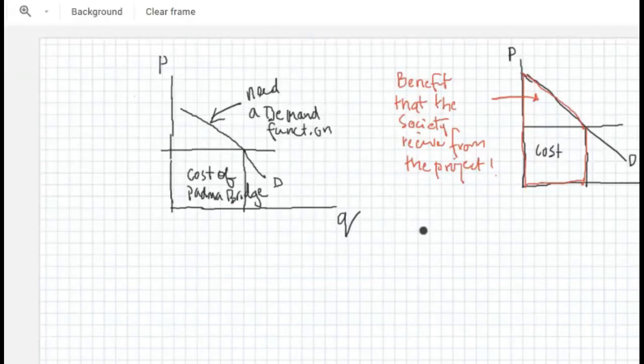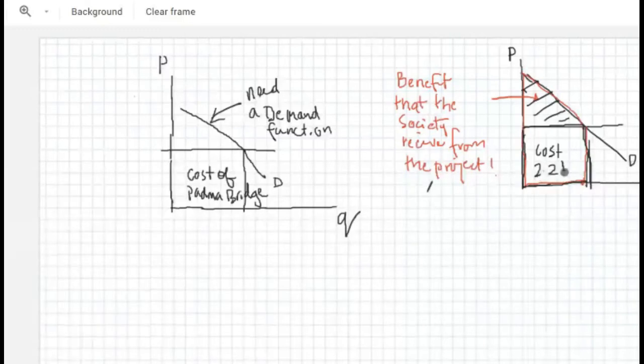So now it comes back. So now conceptually it is clear. What is conceptually clear? That if I want to find the benefits of the project, all I need is this area. Unfortunately, the area that we get is this area. Engineers, everyone will come up with this area. They say this is the cost of the project, $2.2 billion. They give this.